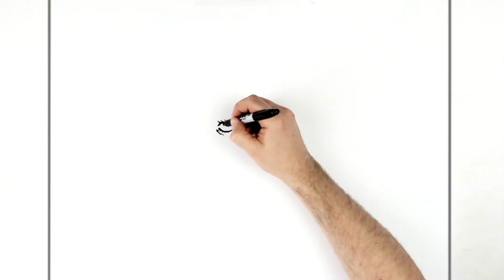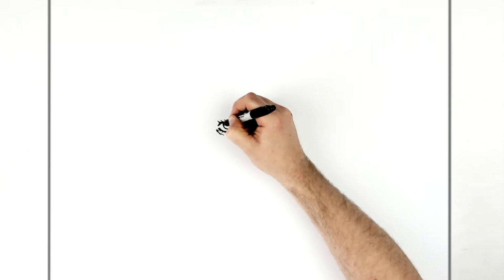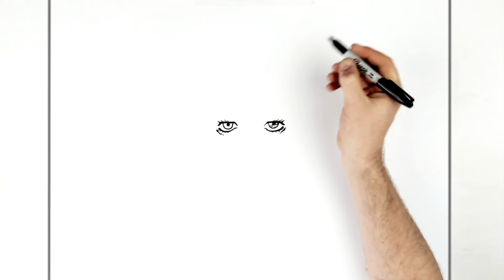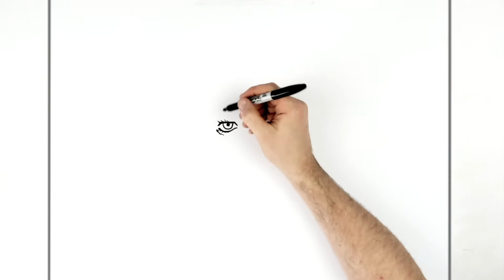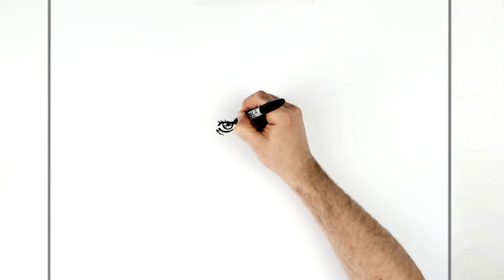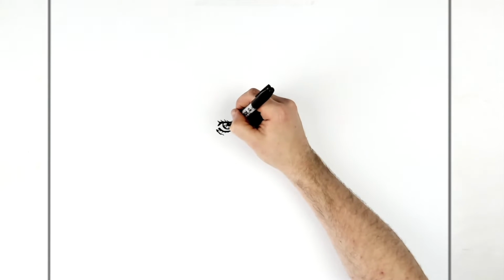And his iris and his pupil, half circle again. Pupil. And then the highlights. Maybe some texture lines just on the eye.